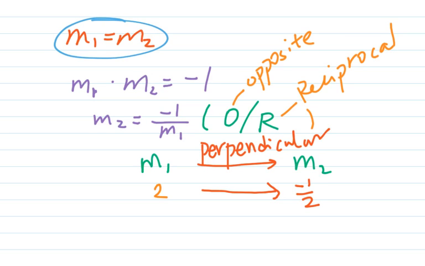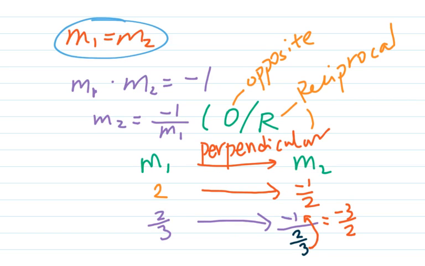And if the given slope is 2 over 3, you can figure it out by two methods. First one, I'll do -1 over 2 over 3. Then I jump the denominator up and multiply. I got -3 over 2.